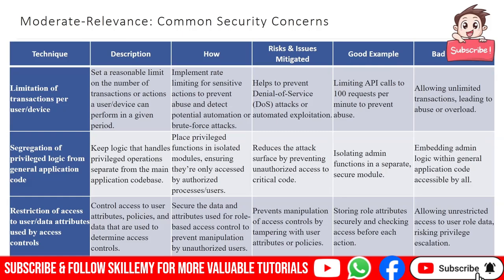For example, if a user can change their role attribute from user to admin, they could gain unauthorized access to sensitive functions. By locking down access to these critical data points, we ensure that only authorized personnel can modify access control settings, protecting the overall integrity of the system.